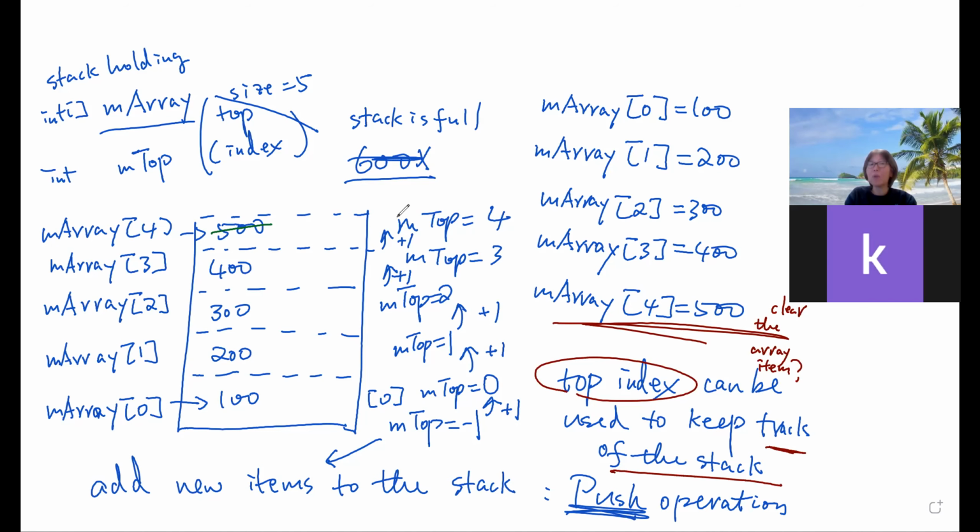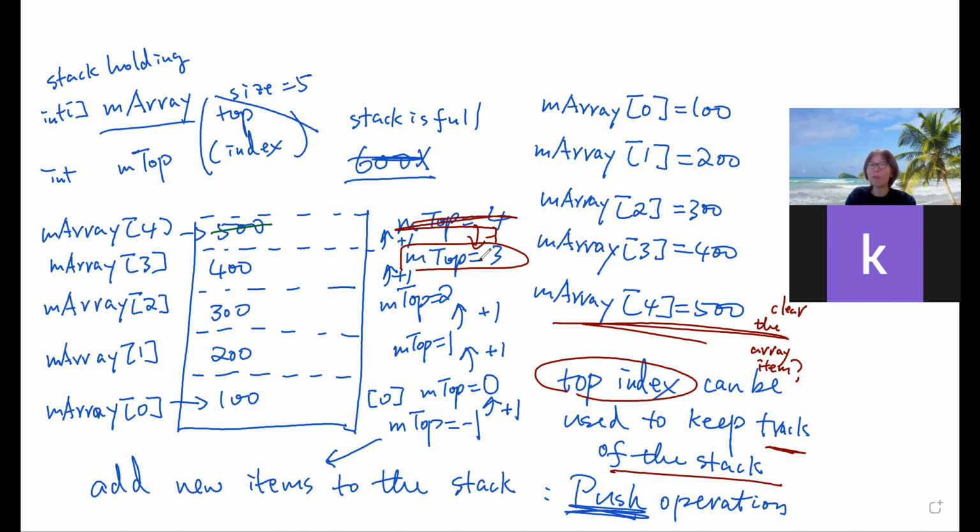So if you want to remove 500, the top index is decremented by 1 to 3. The top index is changed, but 500 is still associated with that array. So 500 is not on the stack, but it's still in that array. Your stack is just referred to by that array and the top index.